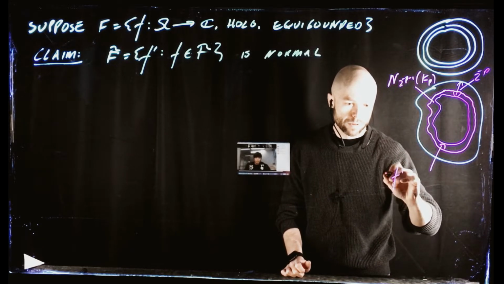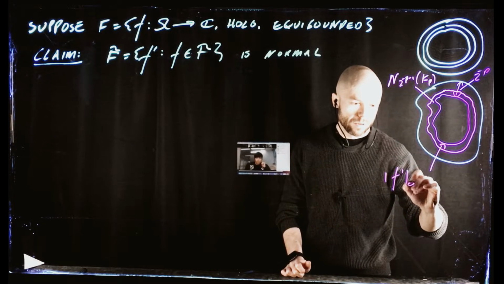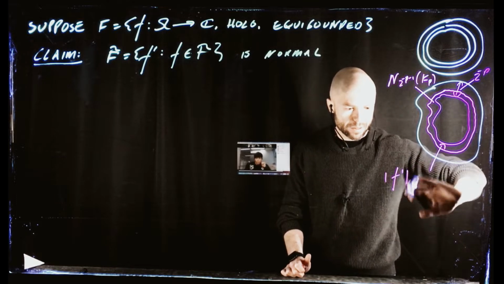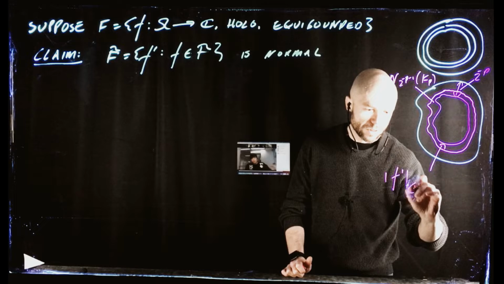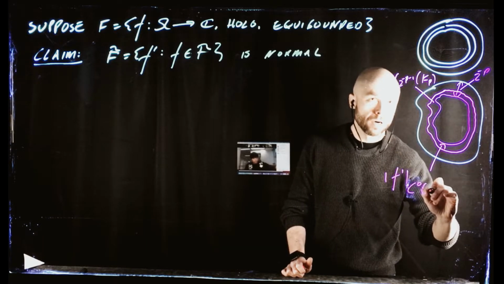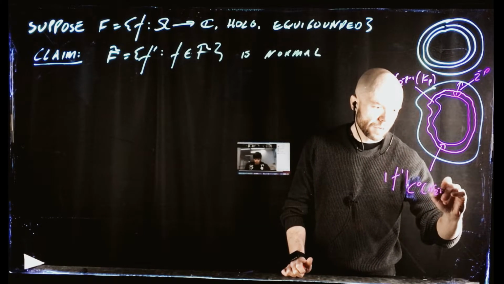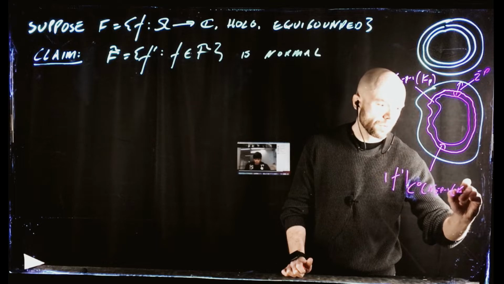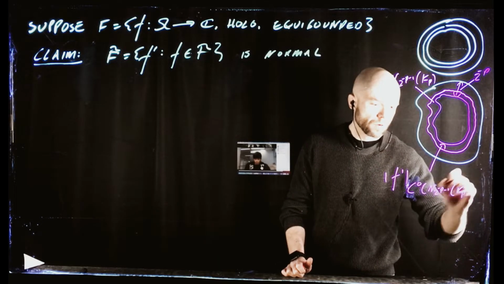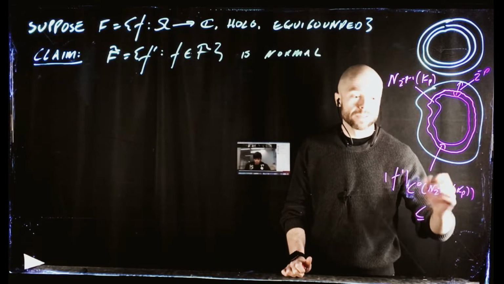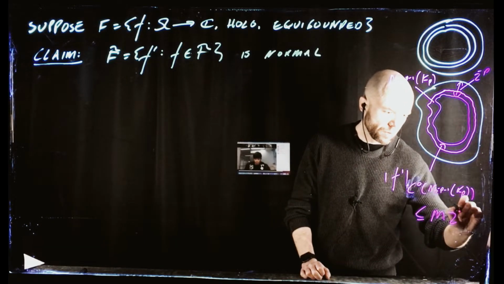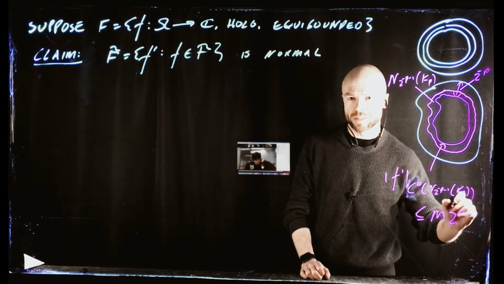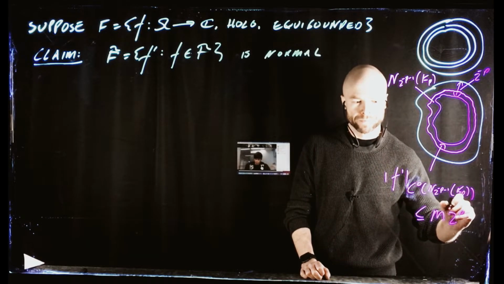So the sup norm of f prime, since it's smooth, let's just write C0, on the 2 to the minus p minus 1 neighborhood of Kp was less than this constant M from the bound on this entire family, and then 2 to the p plus 1, right? That's how we proved things last time, yeah?